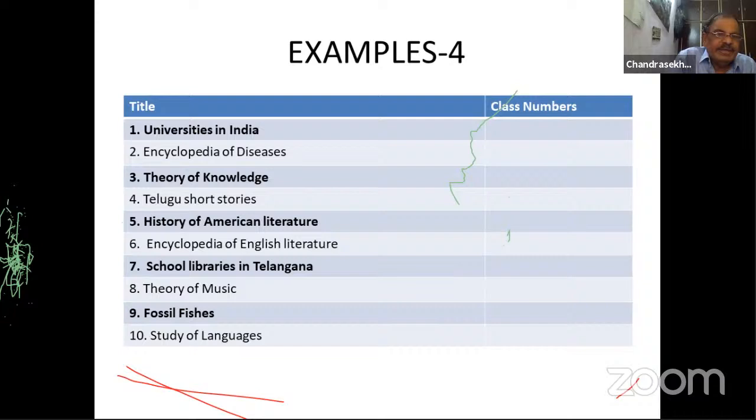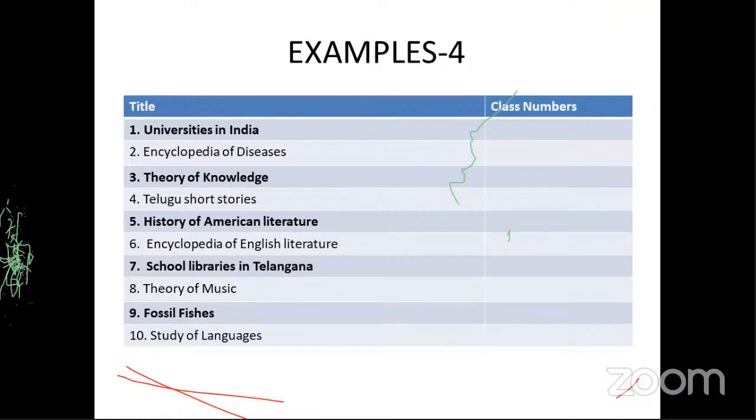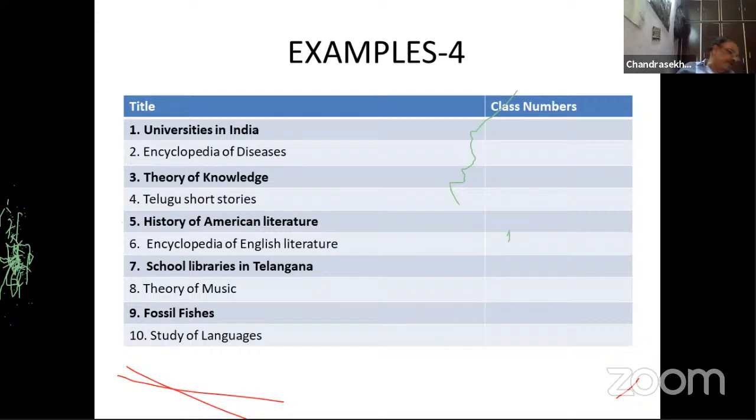History of American literature. American literature, 800 literature, 810 is American literature. So you see in the third summary whether they are given or not.